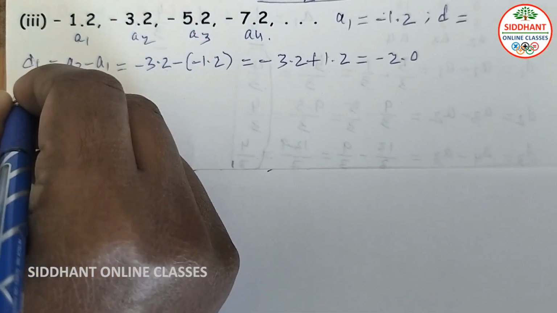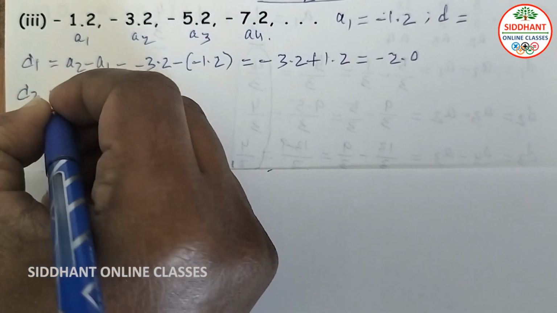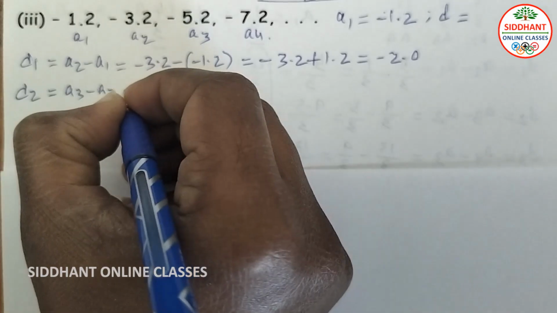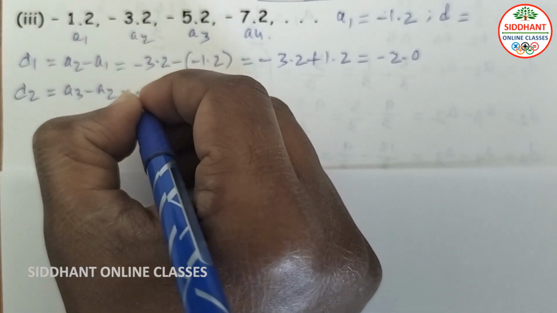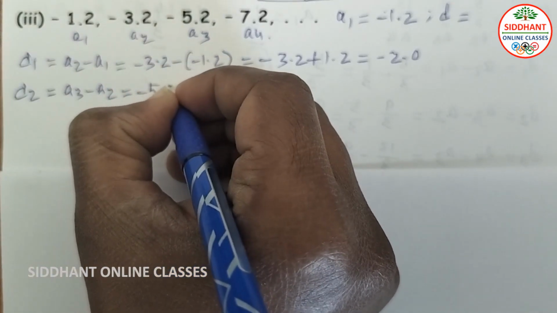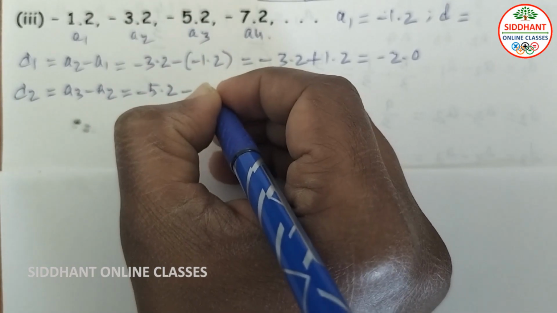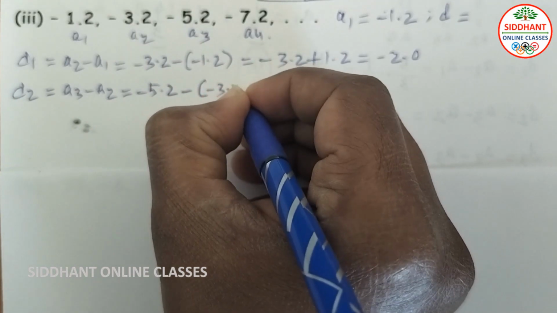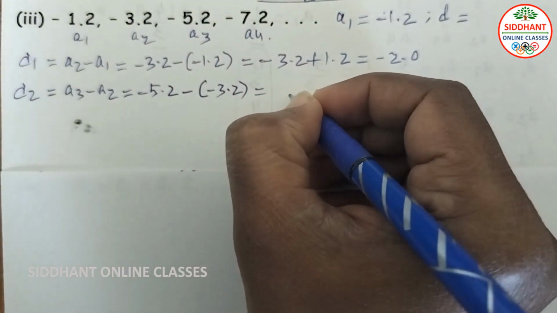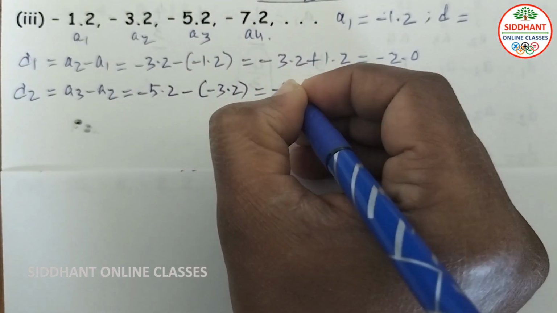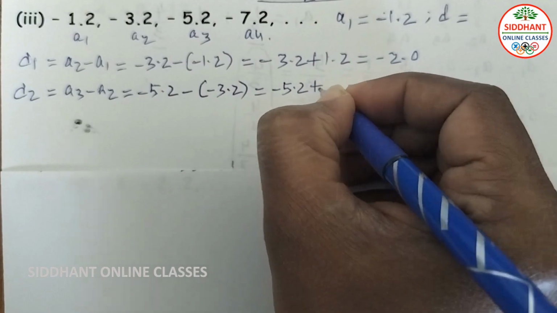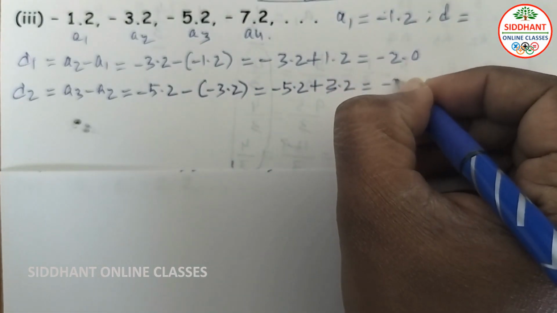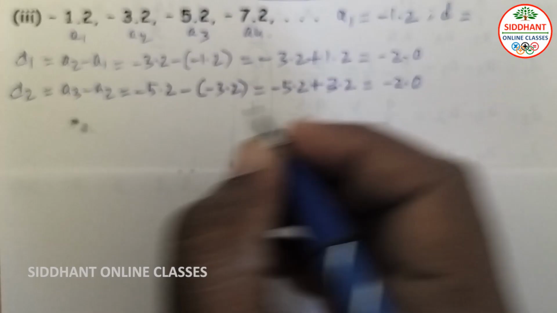Next, D2 is equal to A3 minus A2, which is minus 5.2 minus 3.2, that is equal to minus 5.2 plus 3.2, that is equal to minus 2.0.